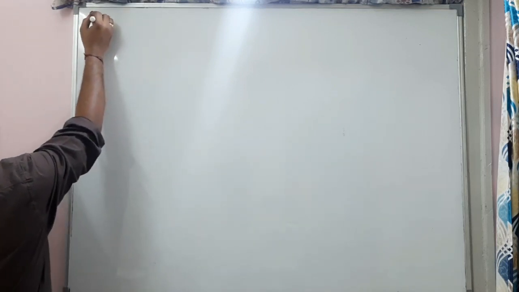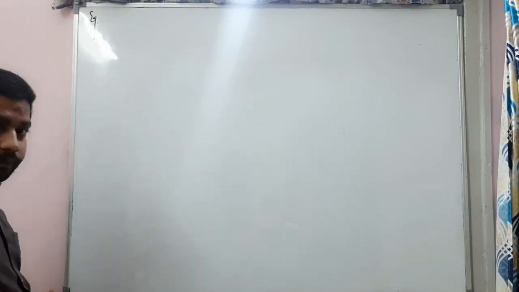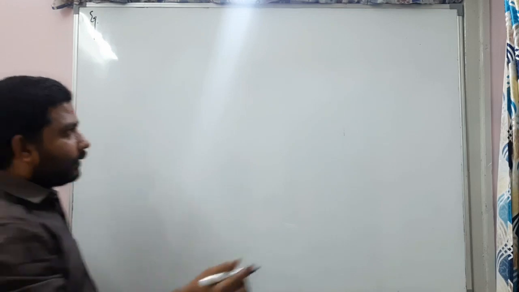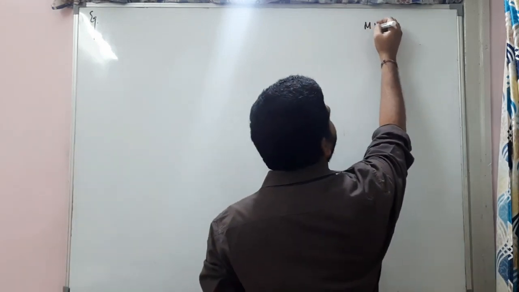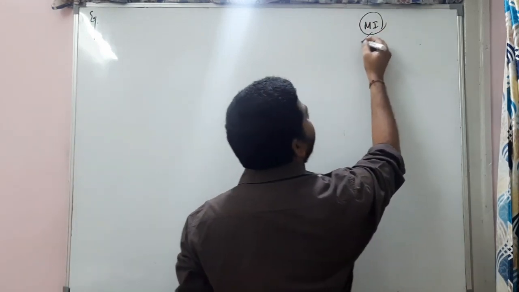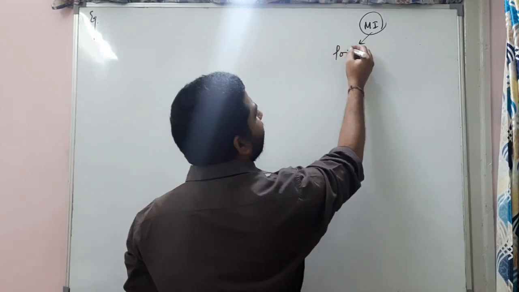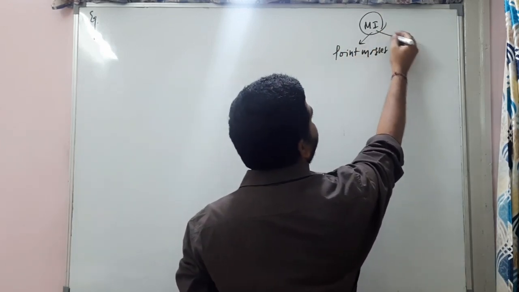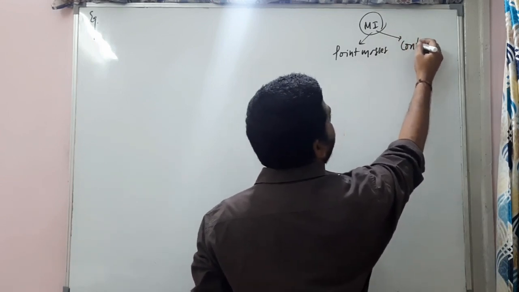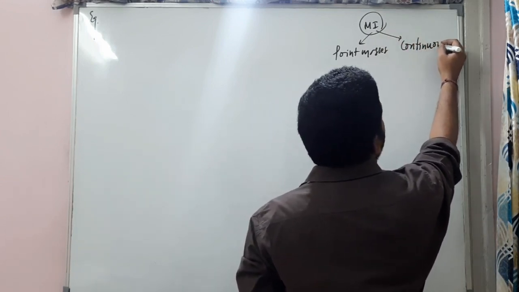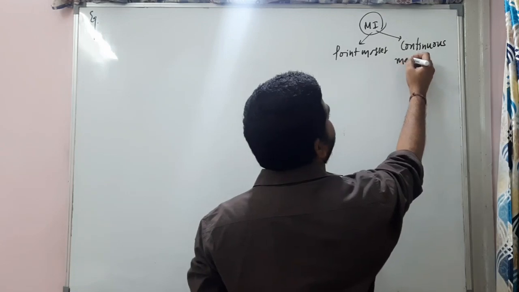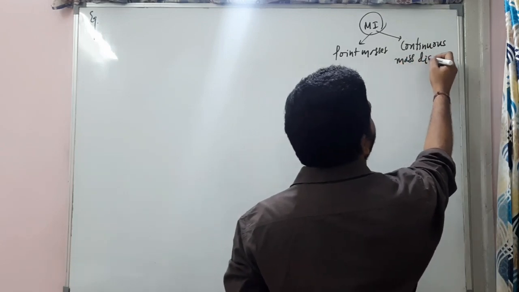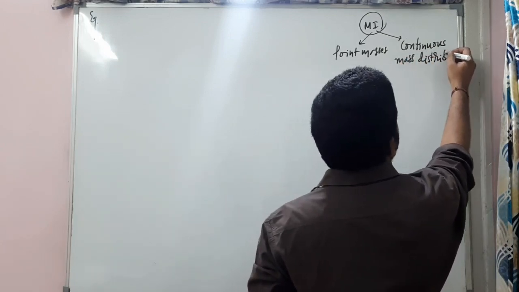Let's take this example. Point masses. This moment of inertia we are going to find for the point masses, then we will be finding for continuous mass distribution.